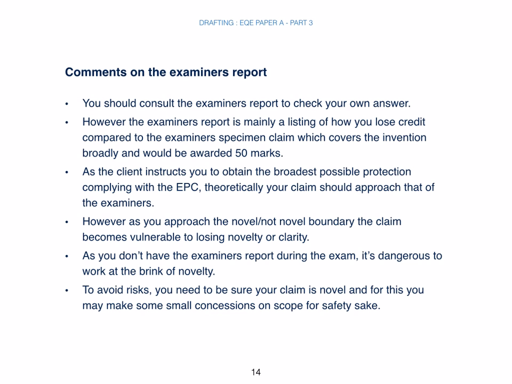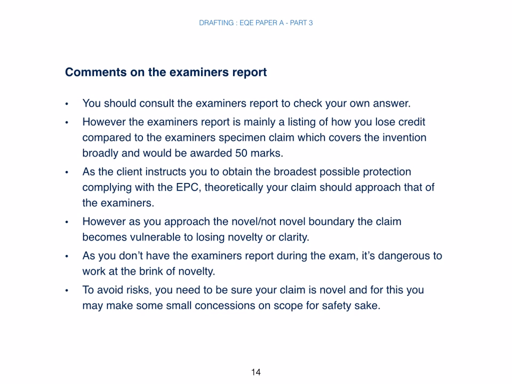However, you will notice that the examiner's report is mainly a listing of how you lose credit compared to the examiner's specimen claim, which covers the invention broadly and which would be awarded 50 marks for the main claim. So the examiner's report is taking their claim as the 50-mark baseline, and you lose marks according to how much you deviate from their claim.